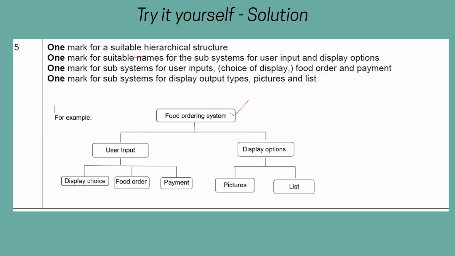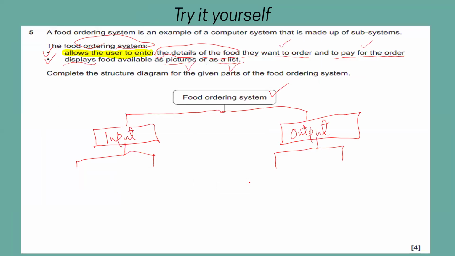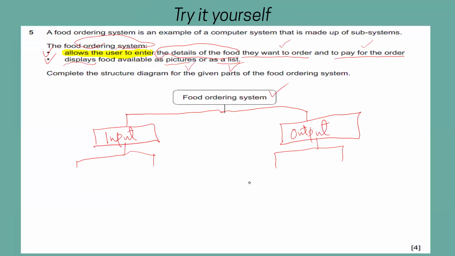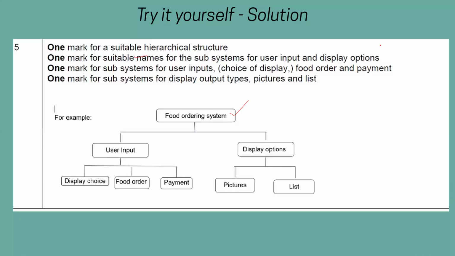Yes, the word picture was used in the question, so we are going to use it. The list is used in the question, so we are going to use it. For the payment, like pay the order, you can write payment method if you wanted to, but this is appropriate.